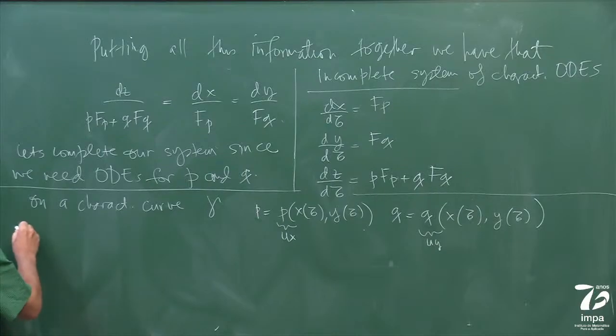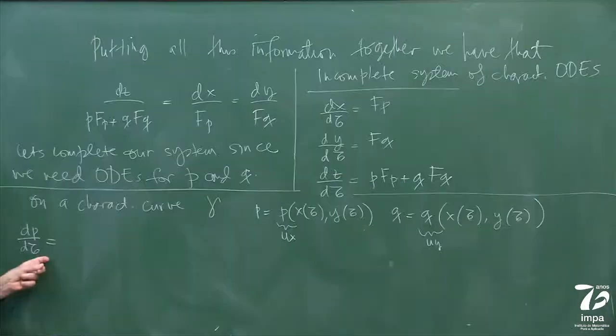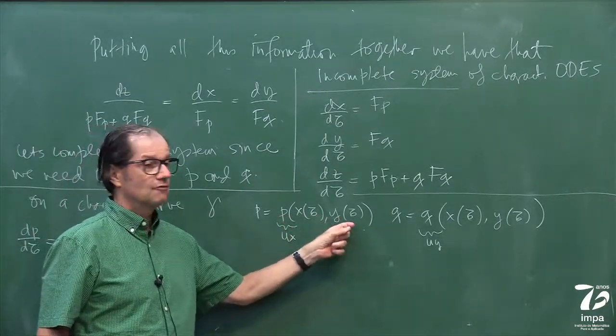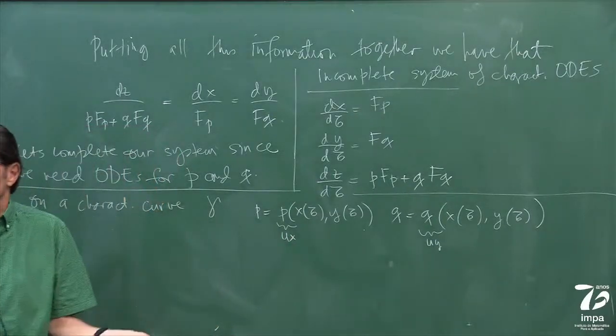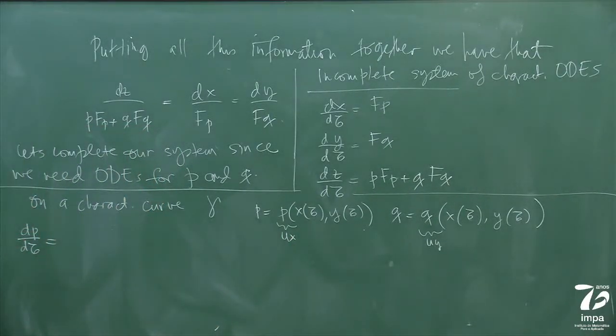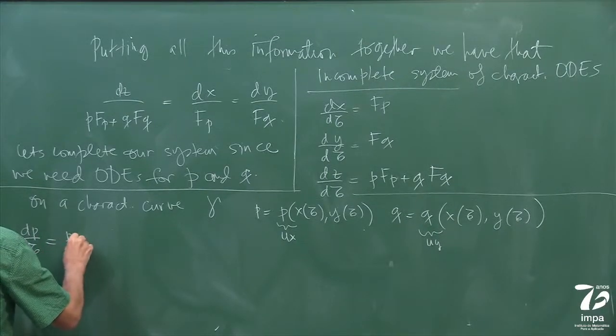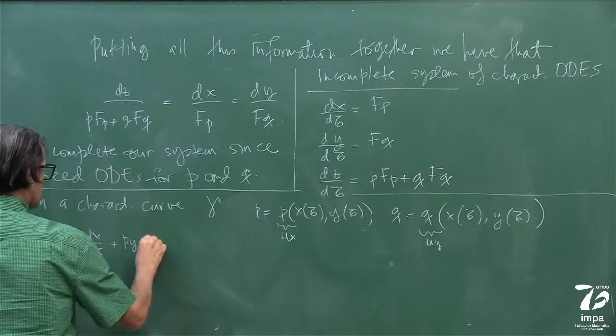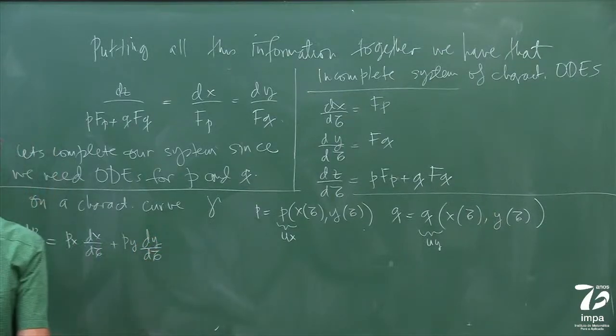So therefore, dP d tau is what we want, but now we have to find out what is the proper vector field for this guy of the ODE system, which will depend on the vector field of these guys once I do chain rule, right? So it just gets messy, but it's putting information together. Okay, so this is P of X, dx d tau, P of Y, dy d tau.